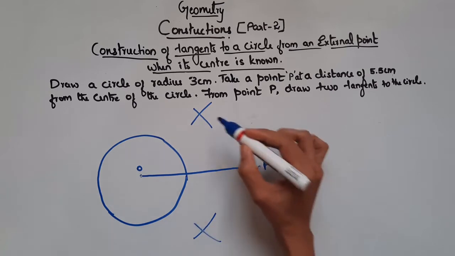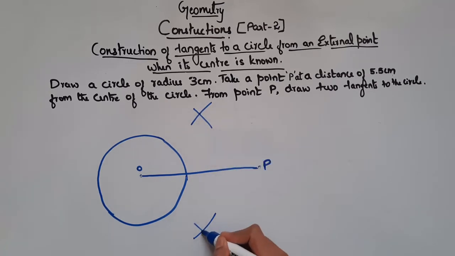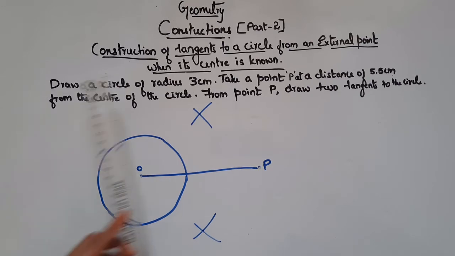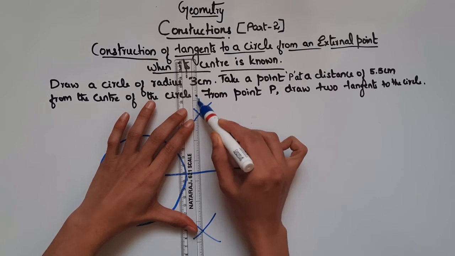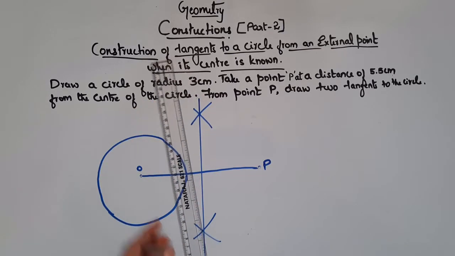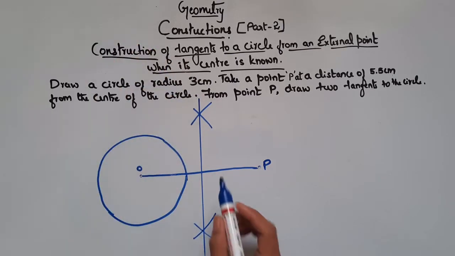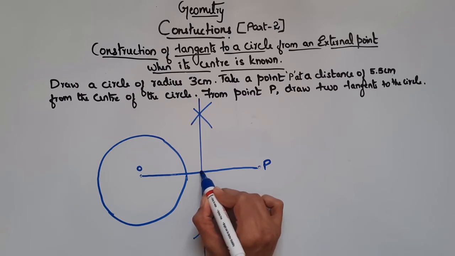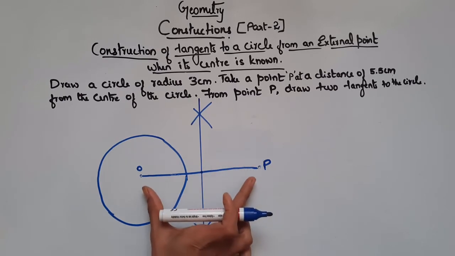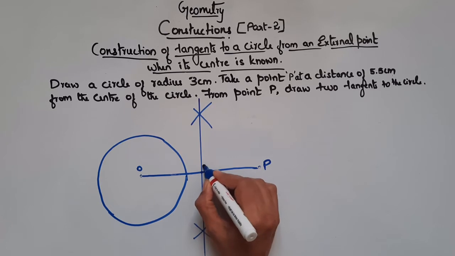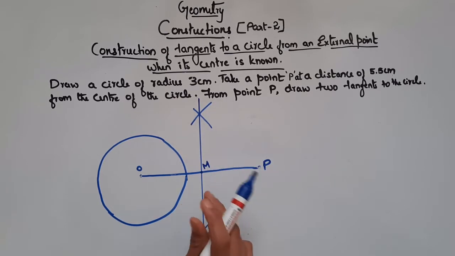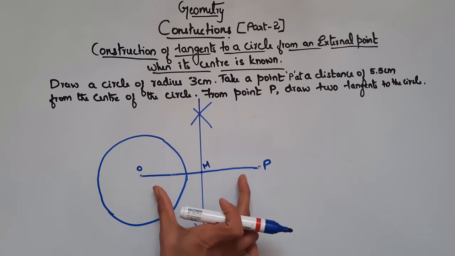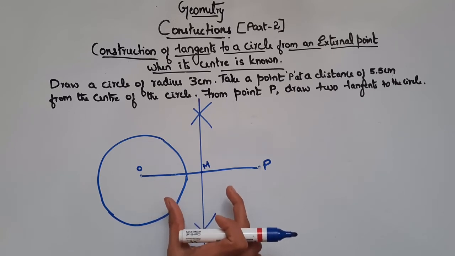So here you got 2 points. Now we will join these 2 points. So this point of intersection is the midpoint of this line OP. So let's take this point as M. We draw a perpendicular bisector, that means it will bisect this line OP equally.